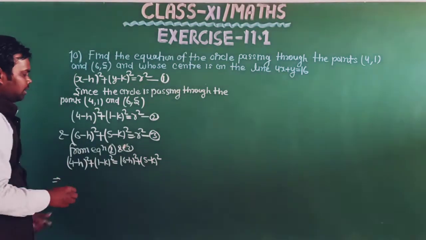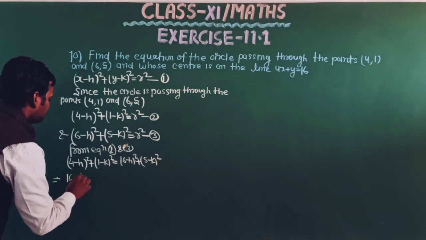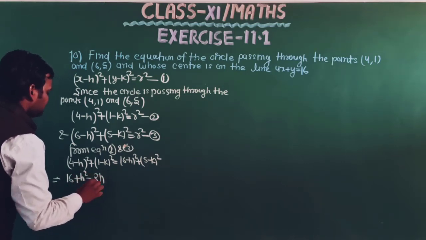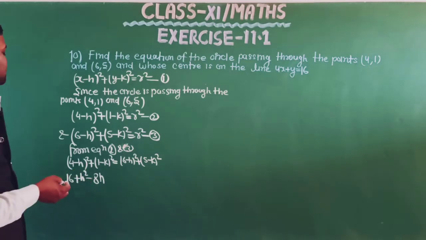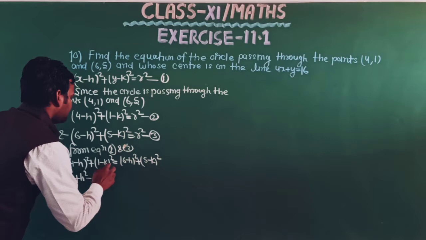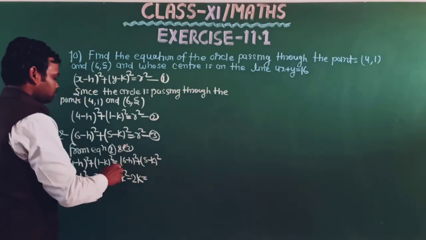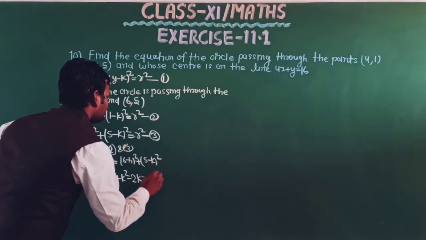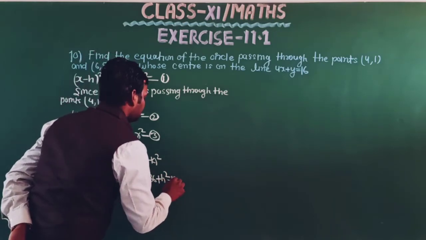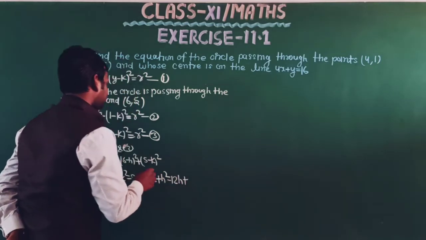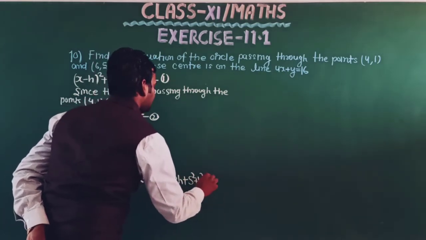So now simplify this expression using the identity (a minus b) whole square: 16 plus h square minus 8h, plus 1 plus k square minus 2k, equal to 36 plus h square minus 12h, plus 25 plus k square minus 10k.